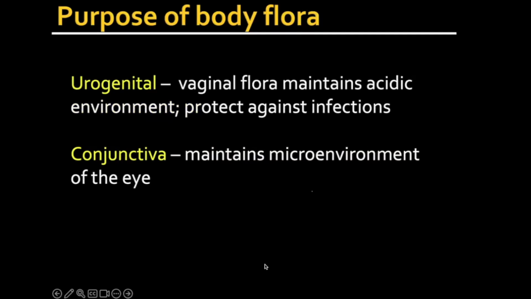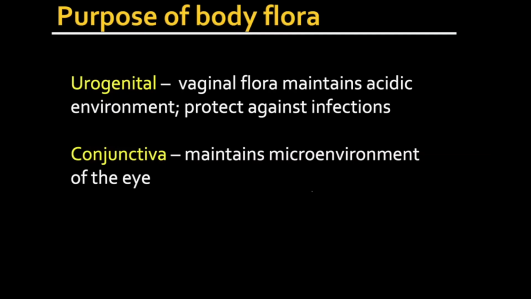In the urogenital tract, females have a vaginal flora that maintains an acidic environment in the vagina that protects against infections. So, like I said, if you get an overgrowth, you end up with a yeast infection.